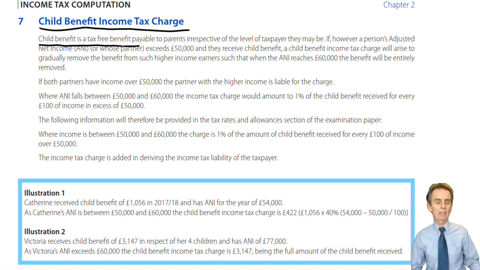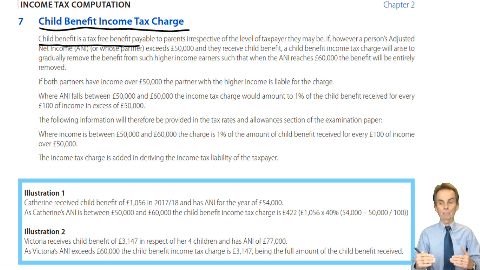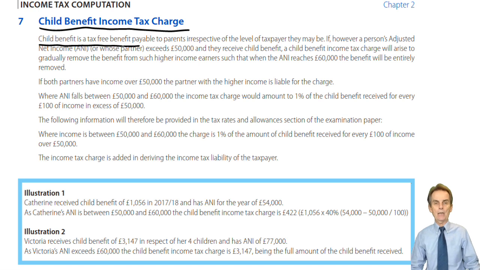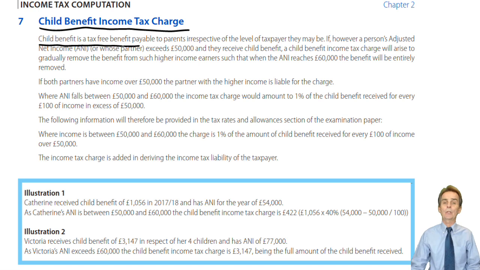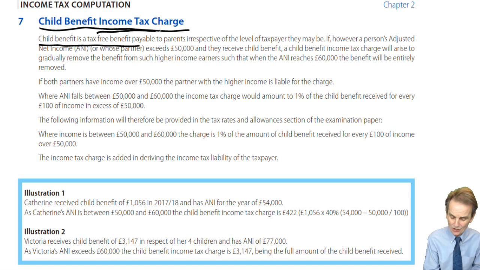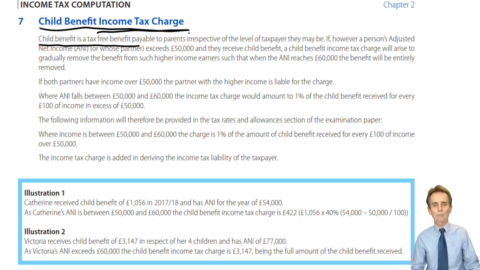We're used to the idea, like with the personal allowance, of an erosion of a benefit, and not falling off a cliff whereby you go above that level of income and suddenly you get nothing. No, again, there will be a pro rata reduction in it, such that if your adjusted net income exceeds £60,000, then you'll end up with nothing, because the child benefit income tax charge that we'll calculate in a moment will match the amount of benefit that you have received, thus removing it from the taxpayer.